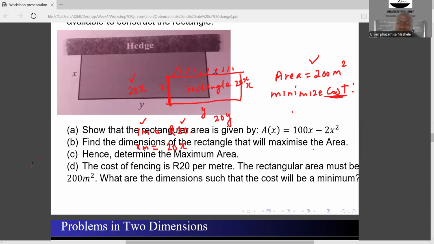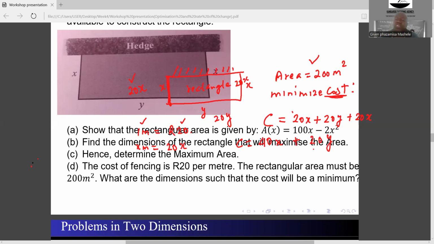So we're going to come up with the cost function, let's regard it as C. The cost function equals 20x plus 20y plus another 20x. I believe you are following. So the cost function now will be 40x plus 20y.